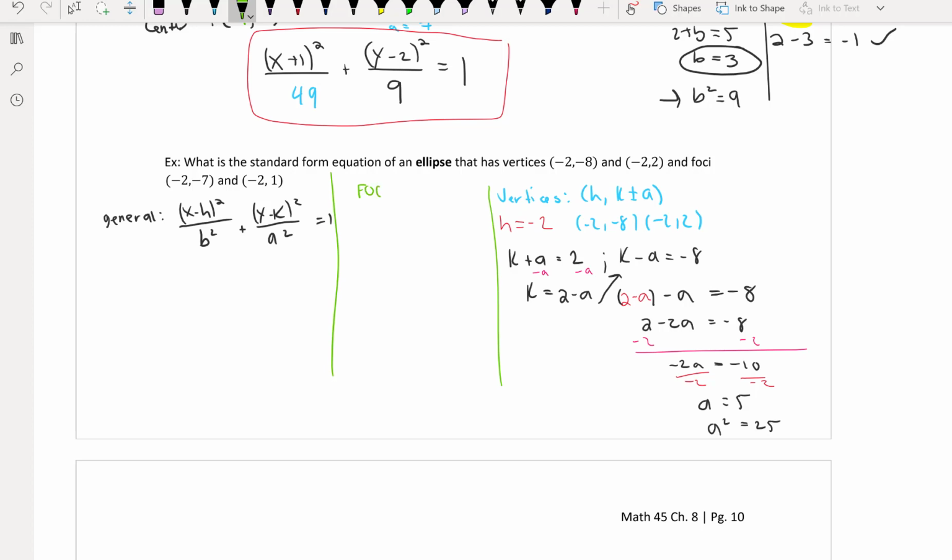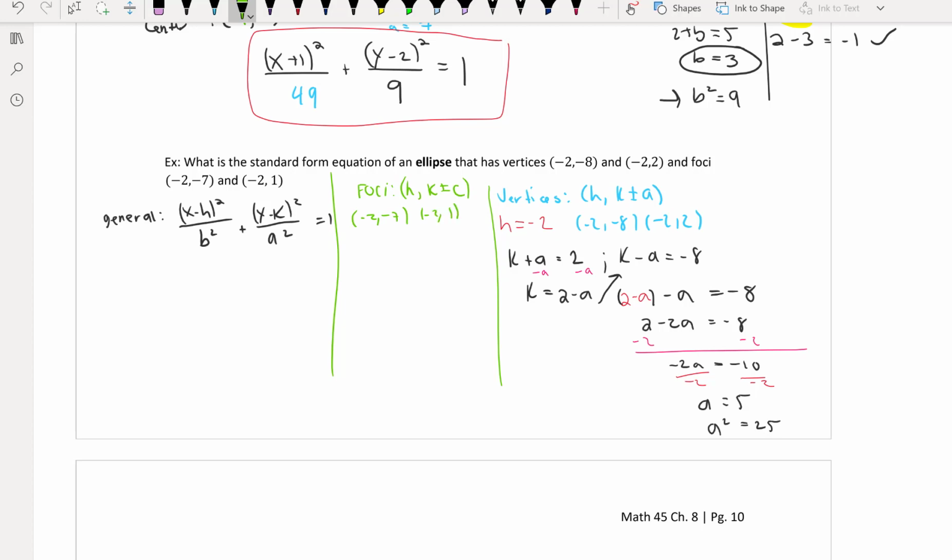So for the foci, I know that the general equation was h, comma, k plus or minus my c value. So here, that h value that hasn't changed is -2, and here I have -7 and 1.